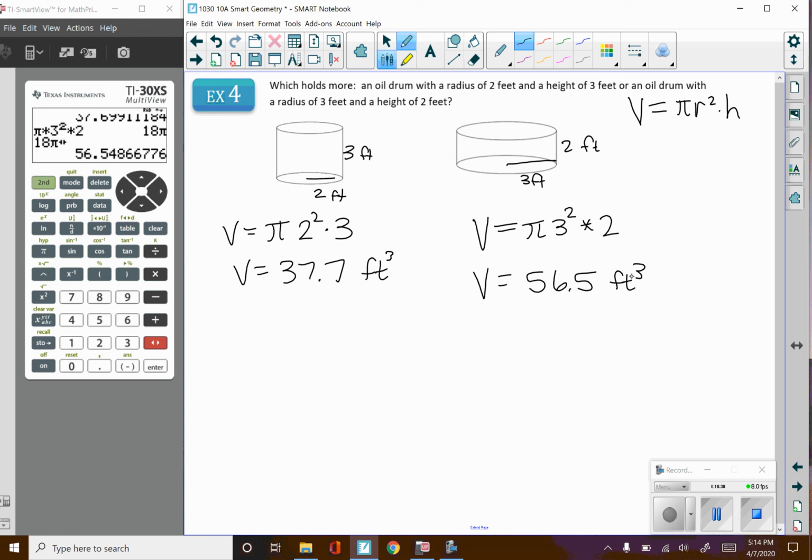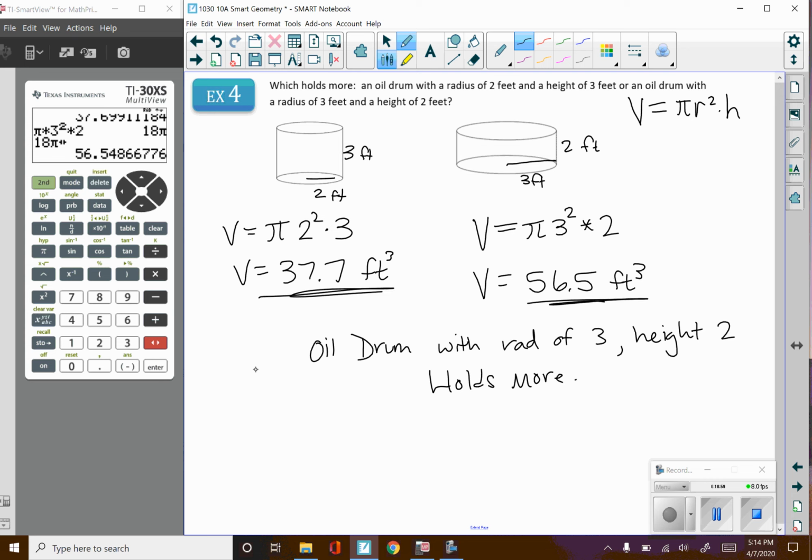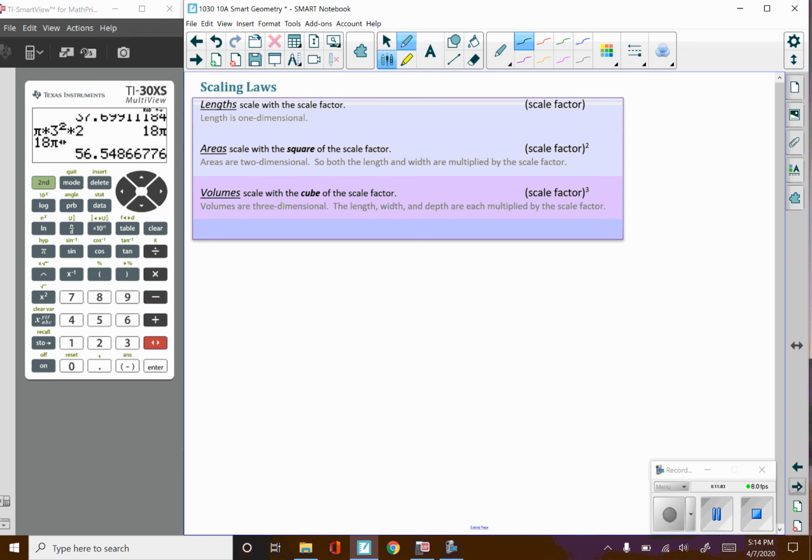So if our question is which one holds more, the oil drum with the radius of 3 and the height of 2 holds more. I think in my math lab it will make you type in both of those volumes and then choose which one holds more. All right.